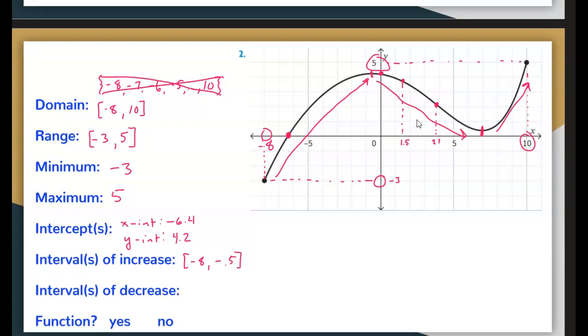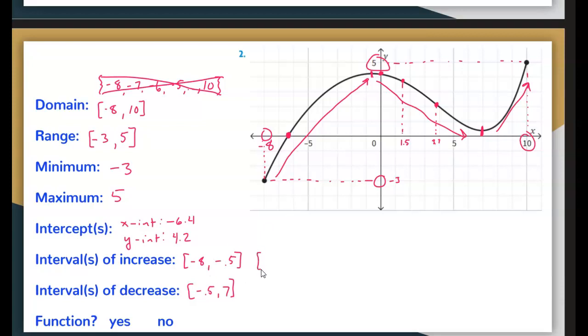Then we have an interval of decrease where we're going down. That's going to be from about -0.5 to, looks like 7. And then we have another interval of increase, a place where the function is going up. So this starts at about 7 and goes up to, looks like 10, 7 to 10.